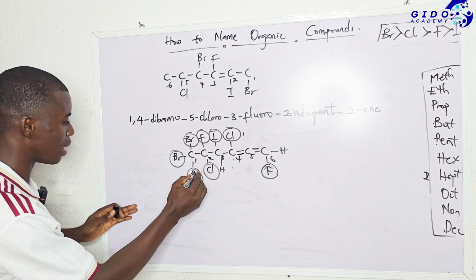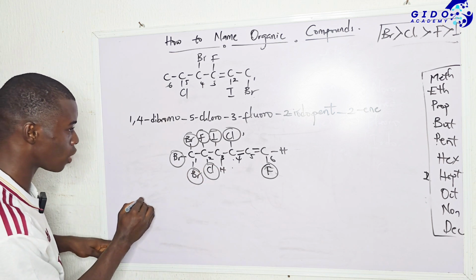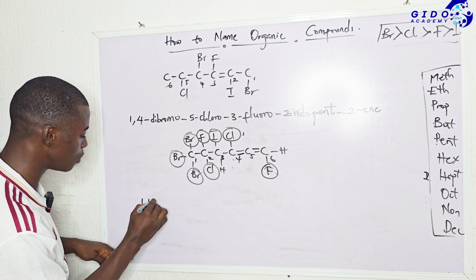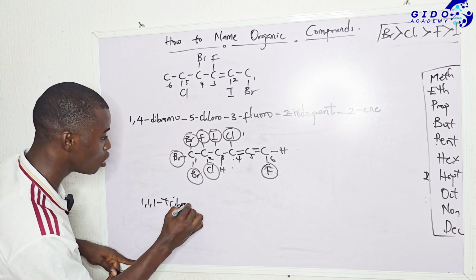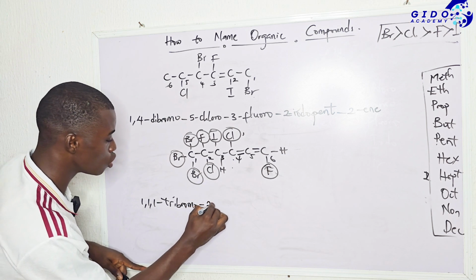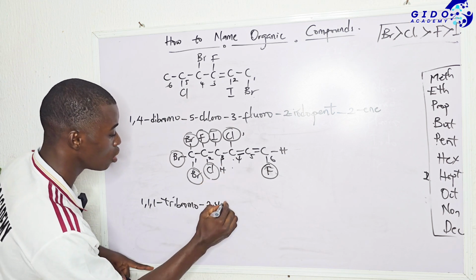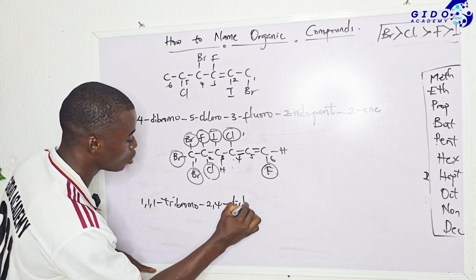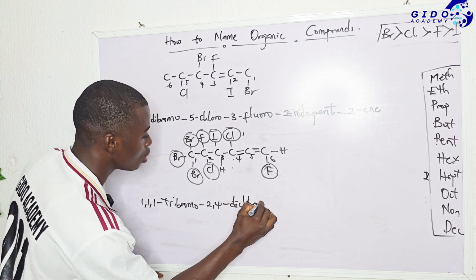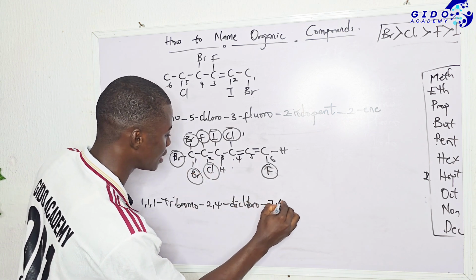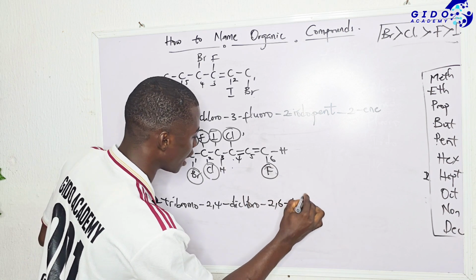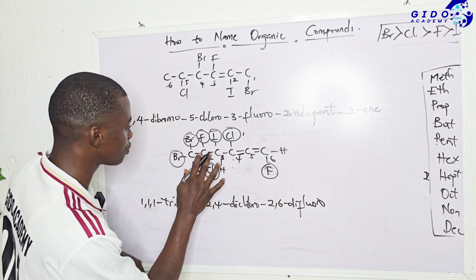So remember, bromine first. Bromine is position 1. Three bromine are in position 1, so you write tribromo. Let's look for chlorine: position 2 and position 4, dichloro. Then fluorine is there, 2 and 6, difluoro.